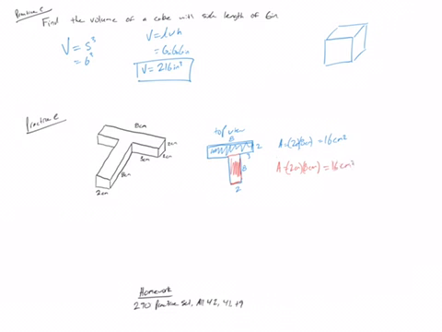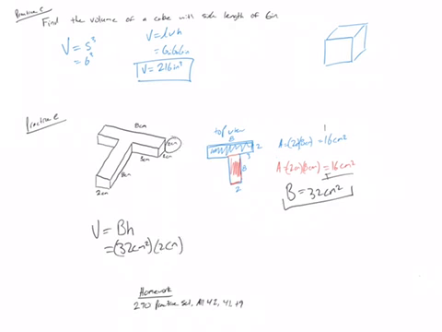So the area of the base, big B, is going to be just the sum of those two, 32 centimeters squared. Okay, it's not my answer, but that's getting us to the answer. So that means the volume is going to be big B times the height, which is 32 centimeters squared, times the height, which is right there, 2 centimeters. So it's going to come out to be 64 centimeters cubed.